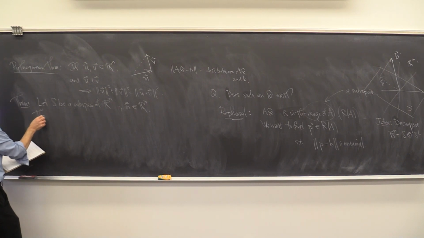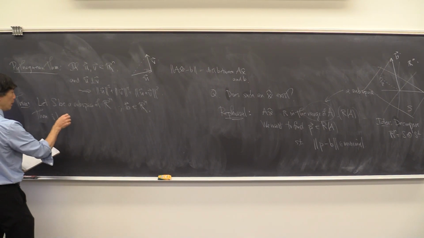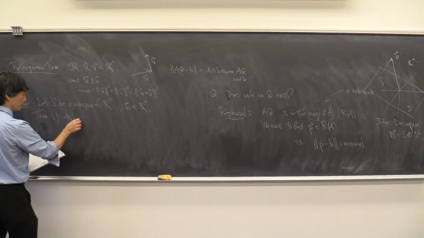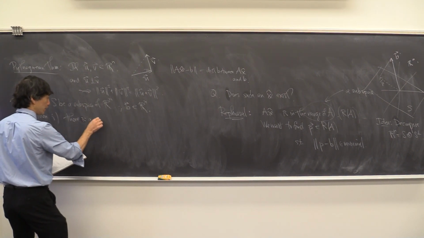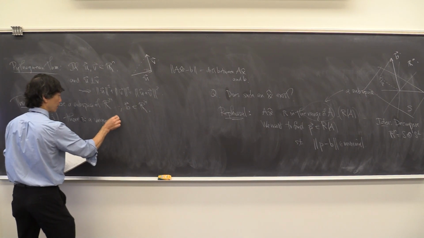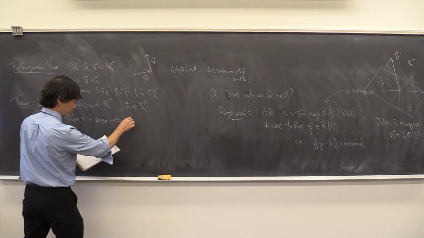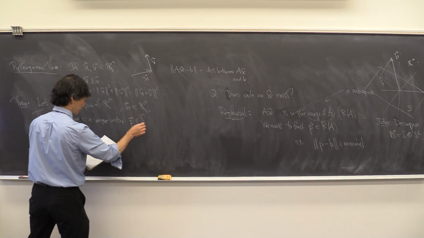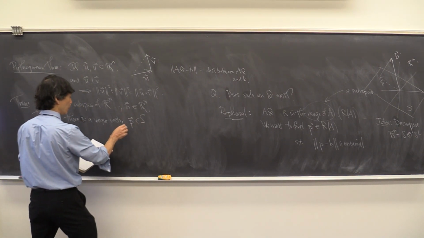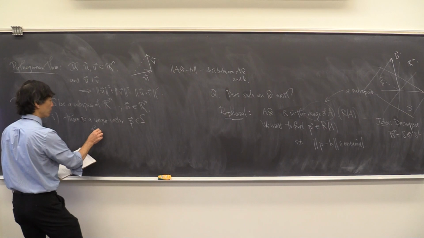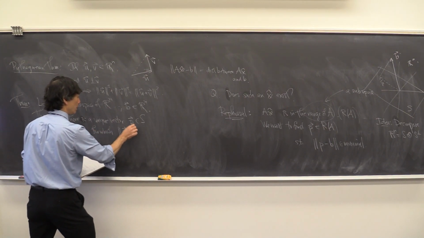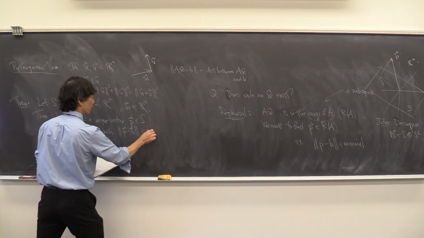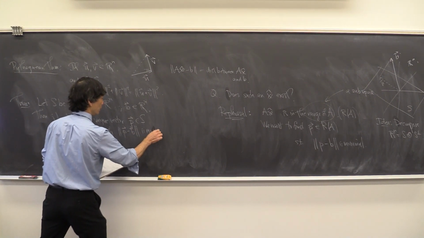Then, one, there is a unique vector p in S for which the distance between p and b is minimized.